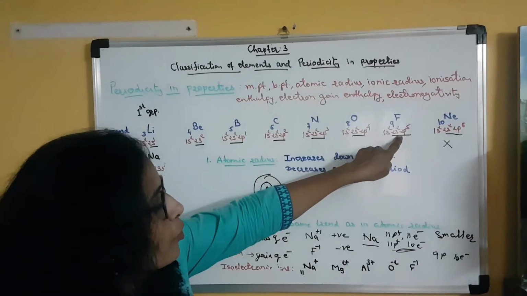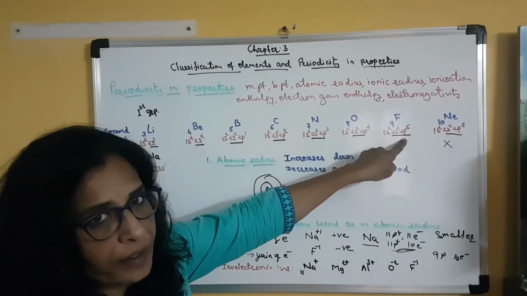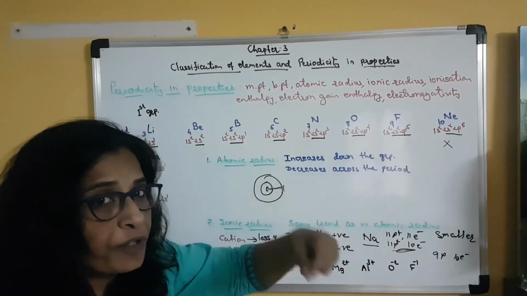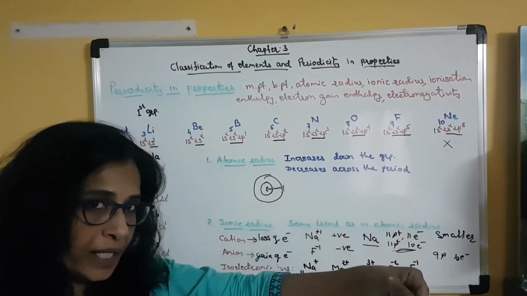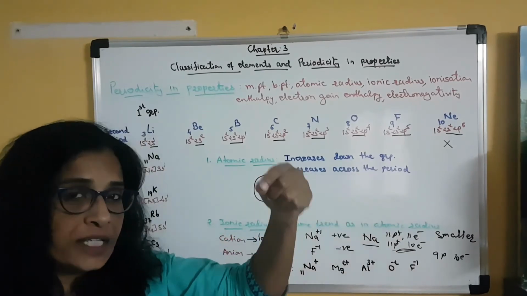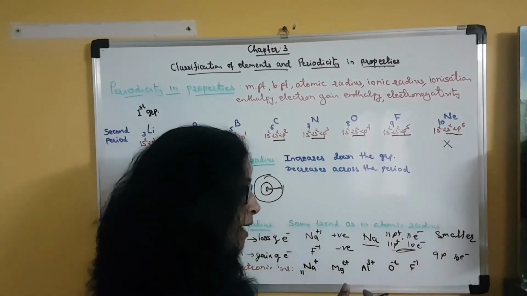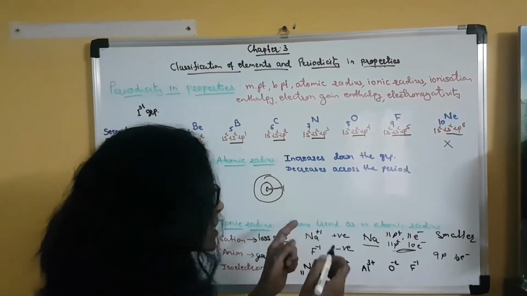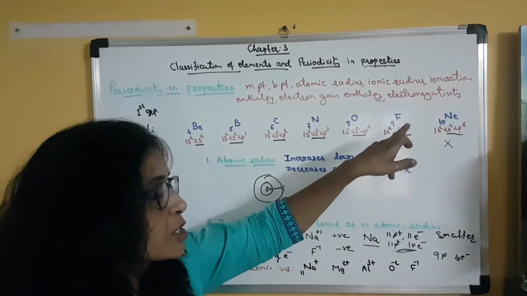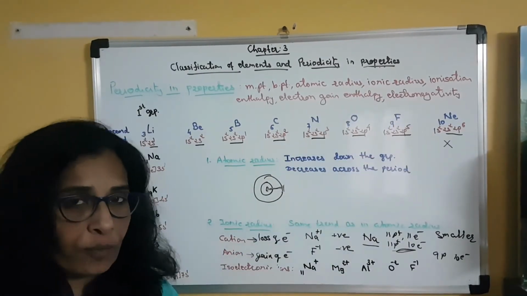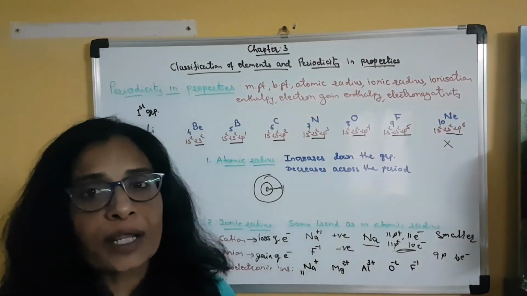In fluorine the configuration is 2s2 2p5. This 2s2 2p5 means it is 2px2, 2py2 and 2pz1. That 2pz1 has a vacancy of 1 electron. So when 1 electron is added to the fluorine atom, it is converted into fluoride ion, and that added electron enters the 2pz orbital. So there will be repulsion between electron and electron.